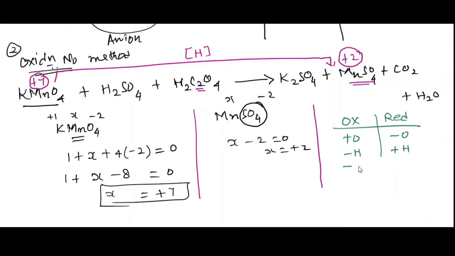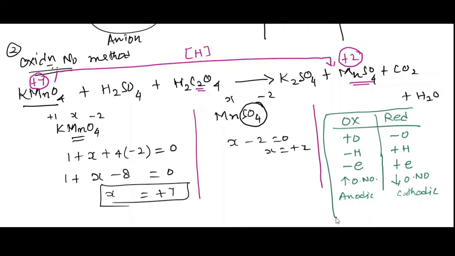De-electronation, that is removal of electron, is oxidation, and addition of electron is reduction. Increase of oxidation number is oxidation, and decrease of oxidation number is reduction. Similarly, oxidation is an anodic process, whereas reduction is a cathodic reaction. This you have to memorize, don't forget. This is for your memory.